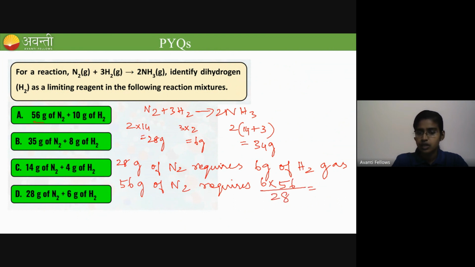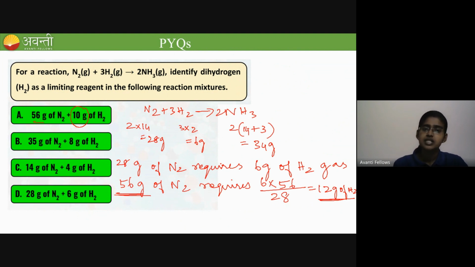It will be equal to 12 gram of hydrogen. So for 56 gram of nitrogen, we need 12 gram of hydrogen. But here in this option, you see, for 56 gram of nitrogen, only 10 gram of hydrogen is given.